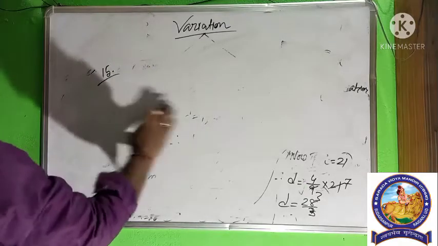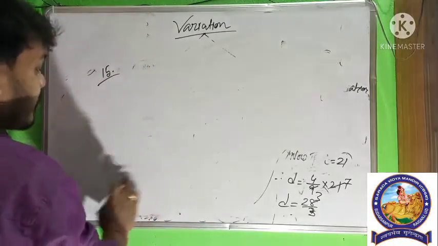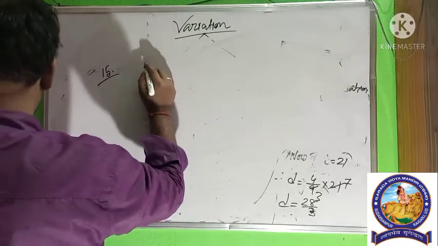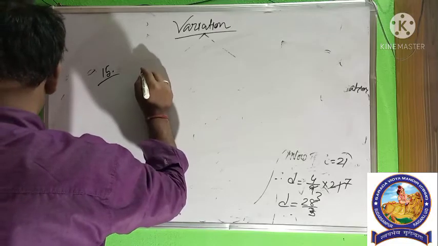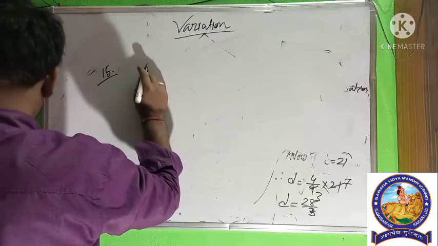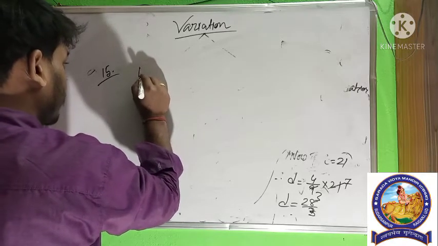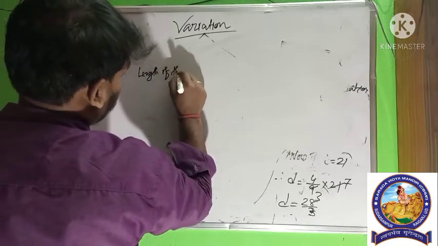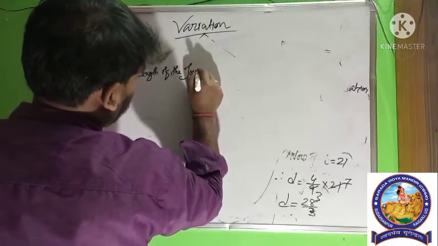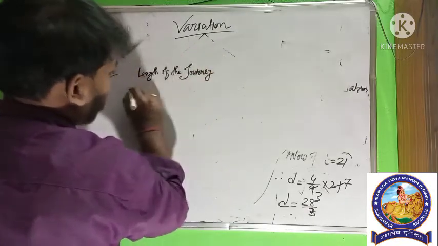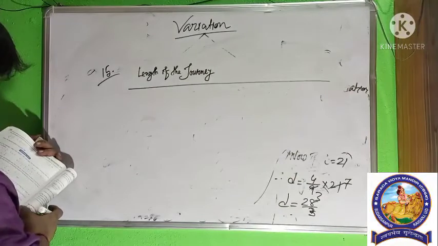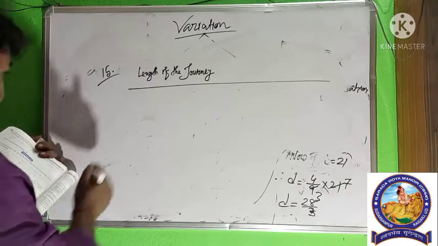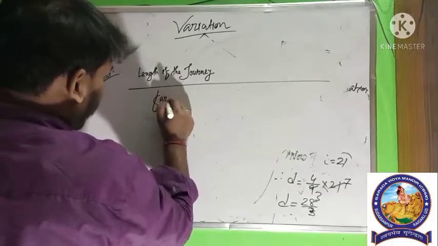So you can solve in this way. Length of the journey and fare, or cost.